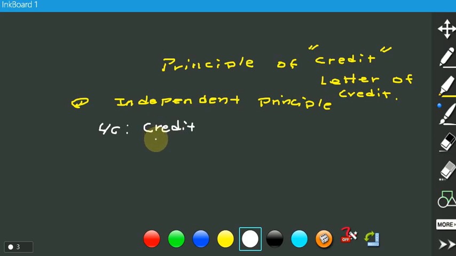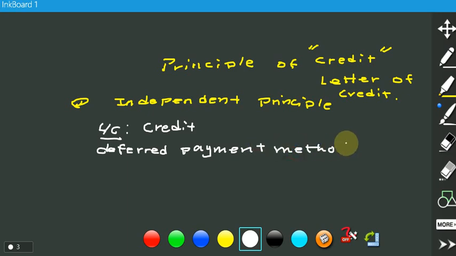works previously. This is a sort of deferred payment method, right? This method is very important in international trading, I told you.